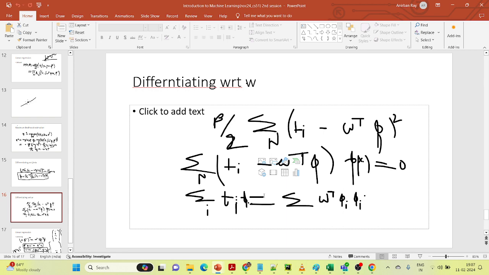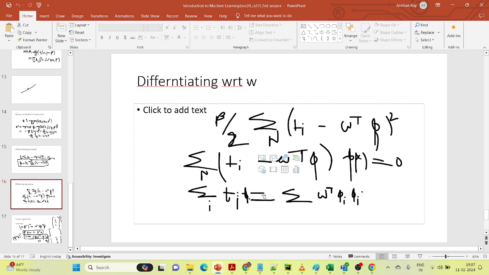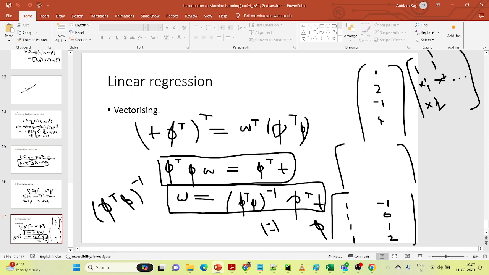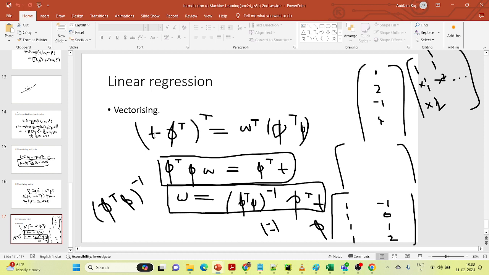And after that we had a problem while vectorizing, right? So the idea was that ti are the y values, the dependent values, and so for vectorizing I make a vector t comprising the ti values. And I define the phi.